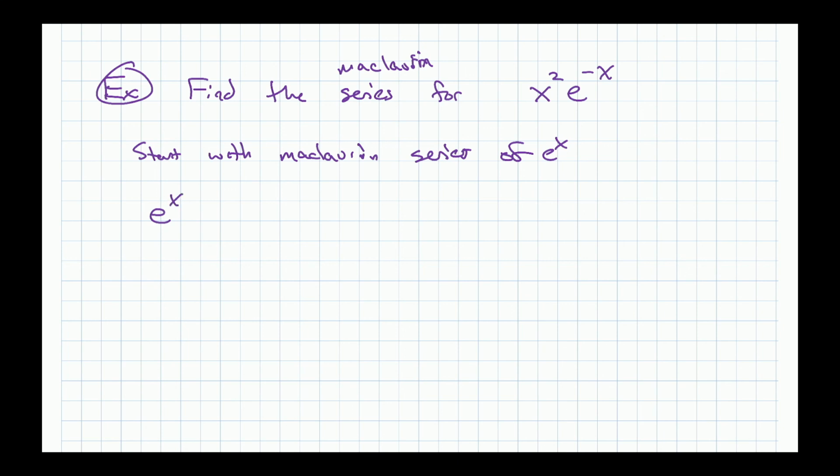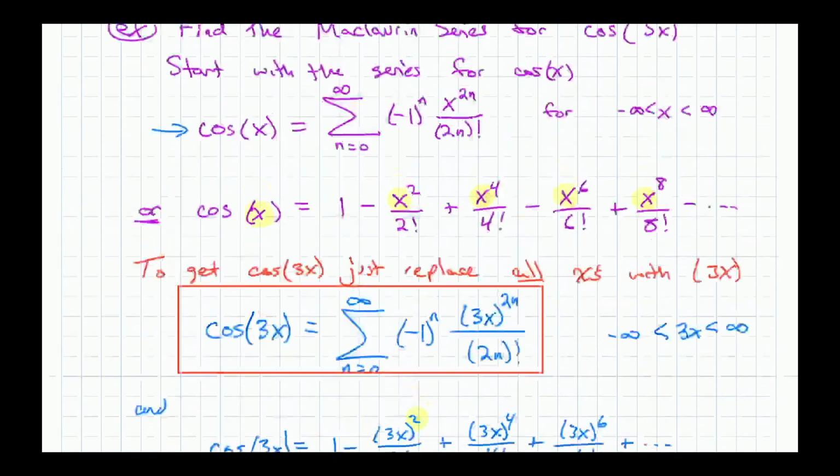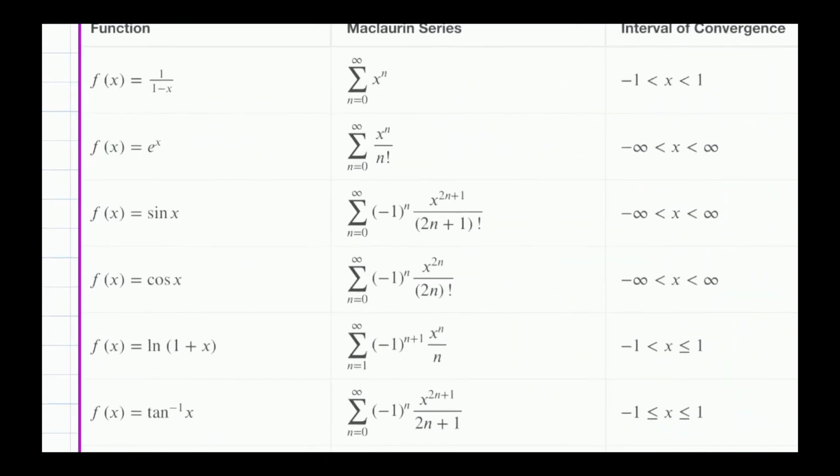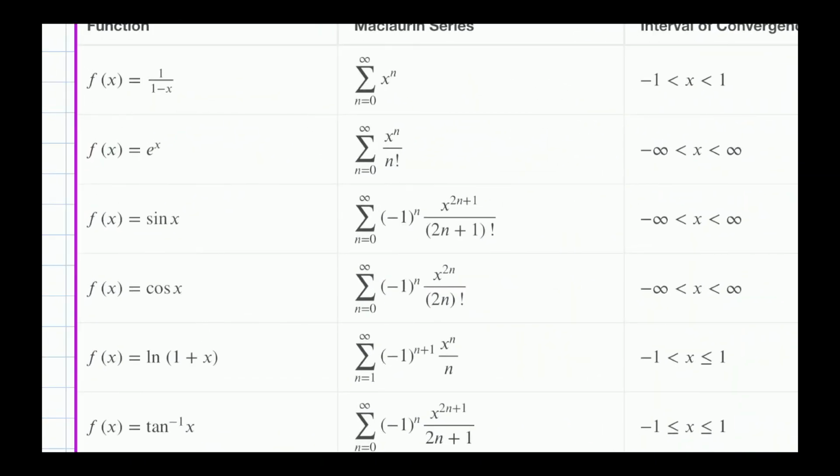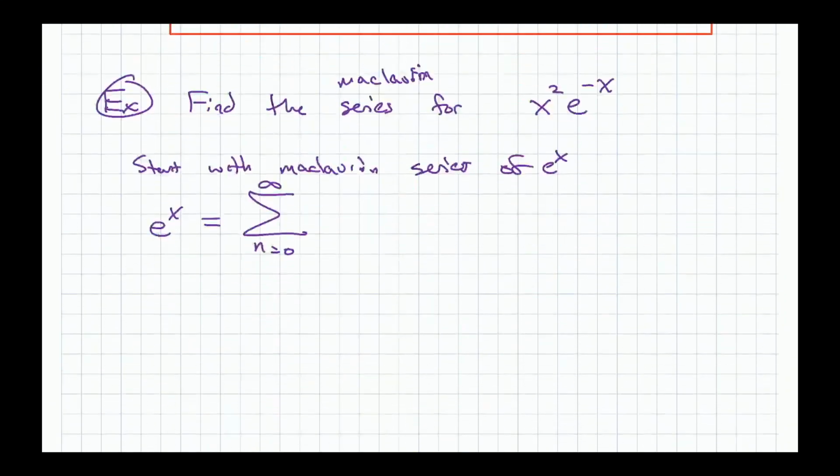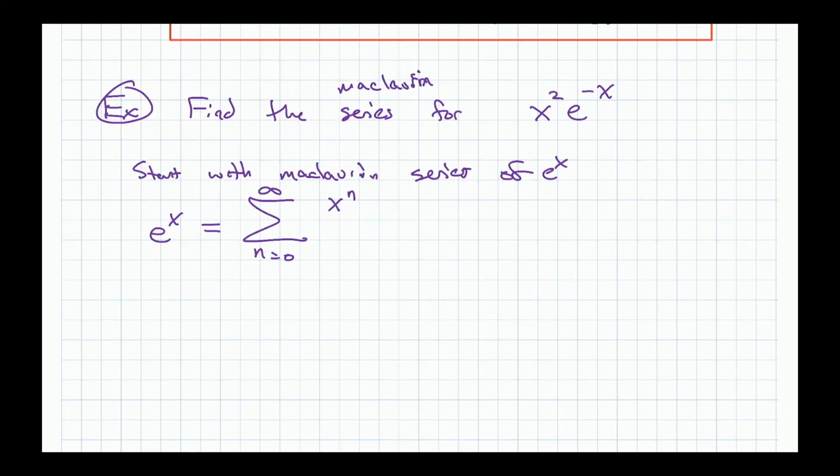So you just say e to the x is equal to, and again, you could write it out, or you can use the formula, either or. Maybe I'll do both here. So it's like this: the sum of x to the n over n factorial.